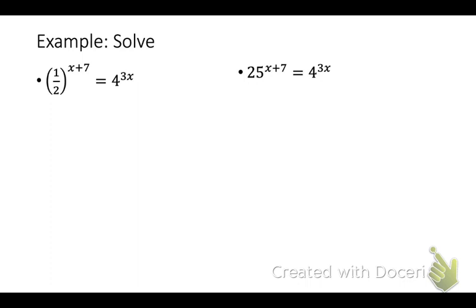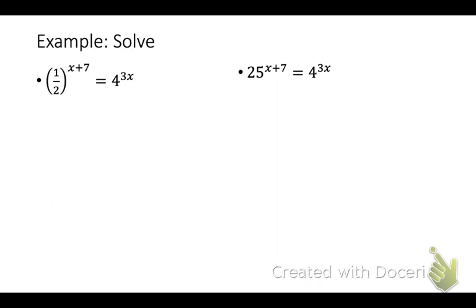Okay, so we have exponentials, so our hope is we can get the same base, yes? We have 1/2 and we have 4. So what would be the base for both sides that we probably should try to get to? 2. Okay, so I don't want 1/2, so how do I reciprocate something? What kind of exponent reciprocates?